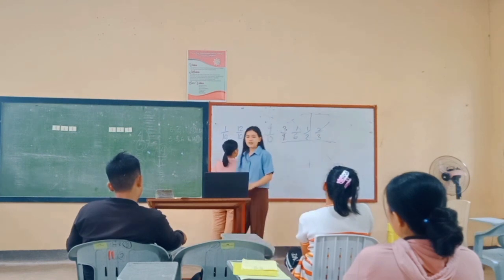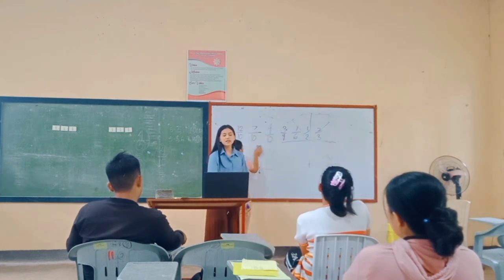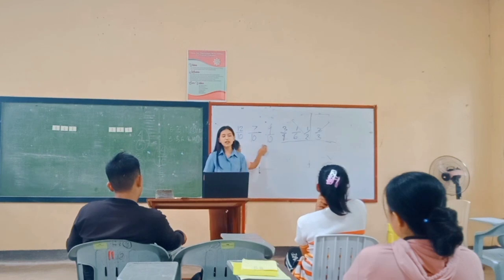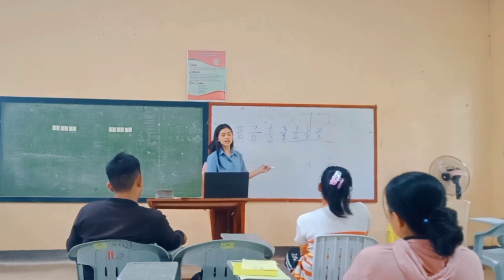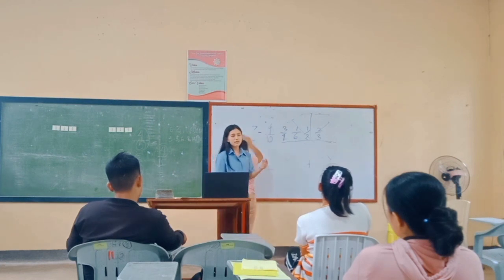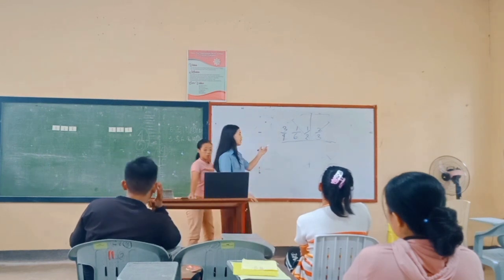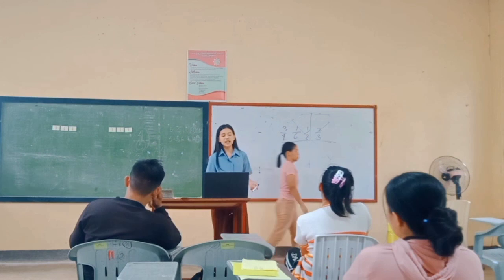Okay, so we will use the least common denominator, or LCD, to write these fractions as equivalent fractions with the same denominators, and then we're going to compare them. To get the LCD, let's think of a number that the denominators can multiply to get.